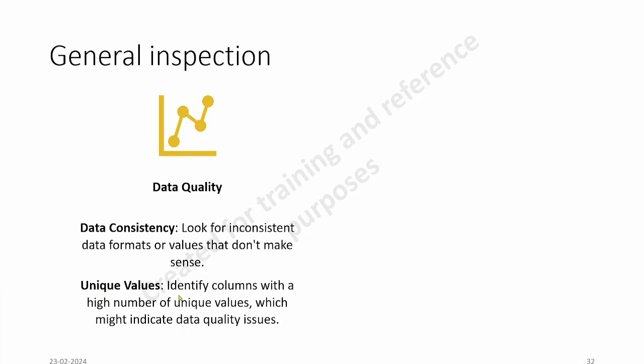The number of unique values in a column is also quite a significant determinant of the model quality that we will end up with. A high number of unique values or a low number of unique values, both of them are problem cases.